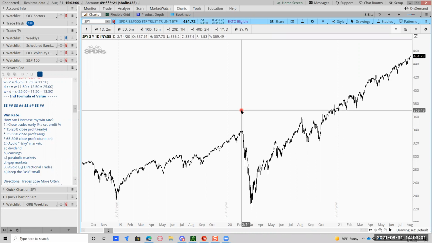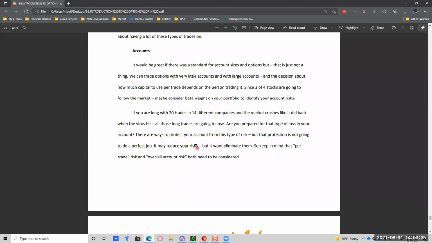Sometimes we can roll trades out, give them more life, give them more time. And oftentimes that's just what they need, is just another week or two. But it takes capital to do that. We have to have the amount of liquidity to go in and buy that extra time. And if you've already allocated all of your account or the bulk of your account to trades, you won't have any capital left to adjust the losing position.